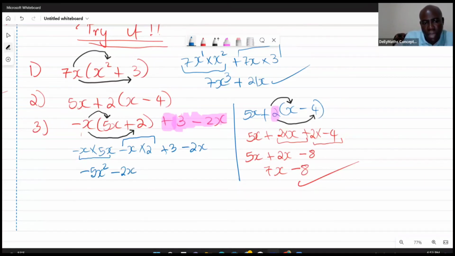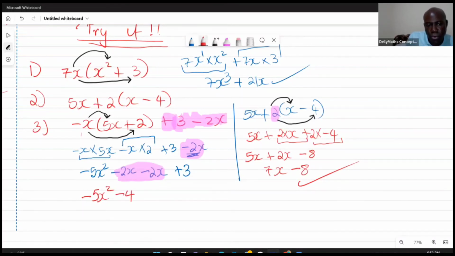Then at this time, I could put this negative 2 beside this and then put that positive 3 at the back. Why did I do that? I don't have to, but at some point, I'm going to have to put them together. So I started grouping my like terms because I knew what I had, okay? So I grouped my like terms right there so that I could now make it a very simple step for the final goal. 5x squared minus 4x and a positive 3.